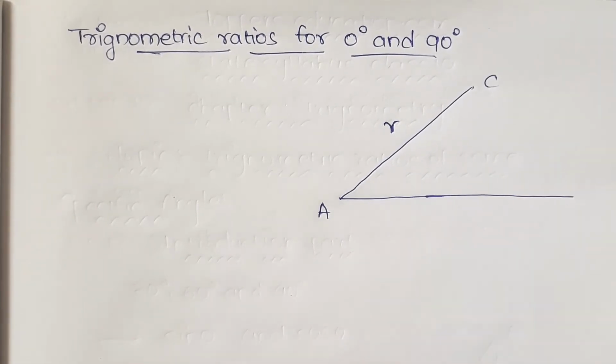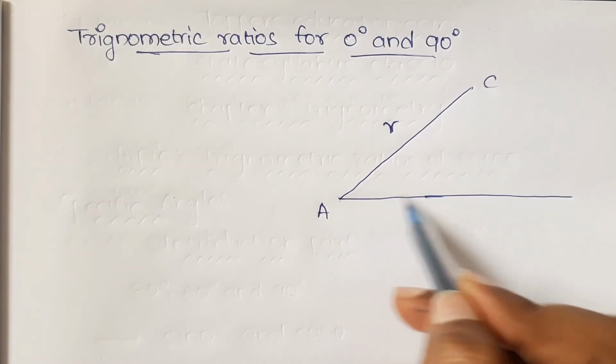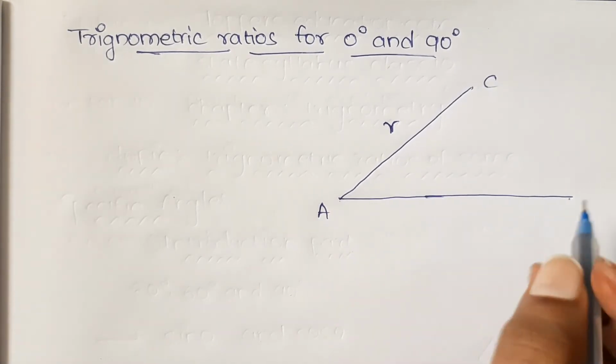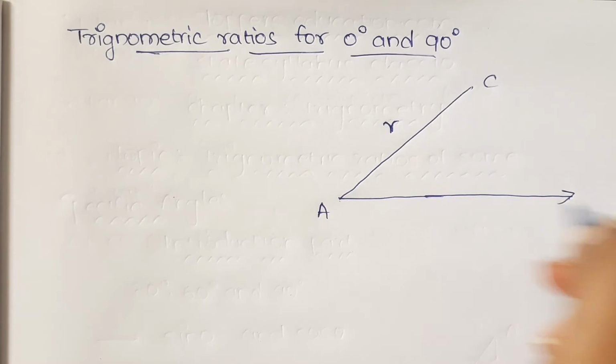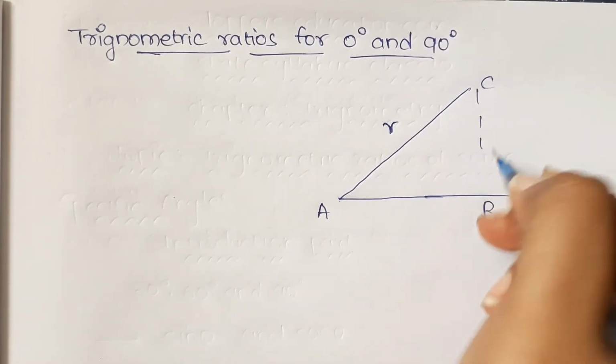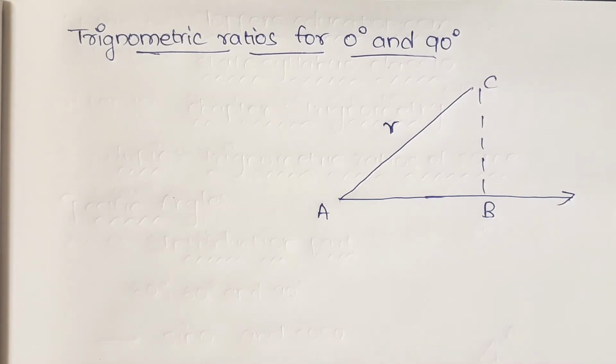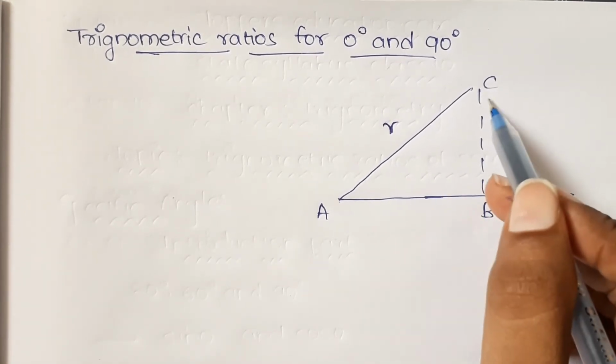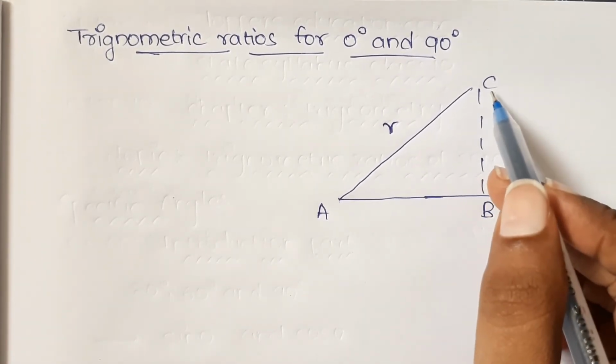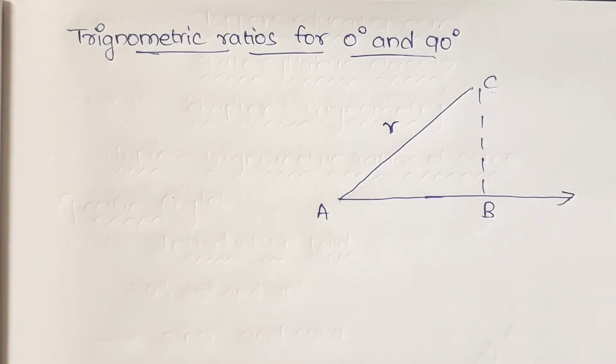And now it is making an acute angle with ray AB. Here is B. Let us draw the line here. And here is the height of C from AB.